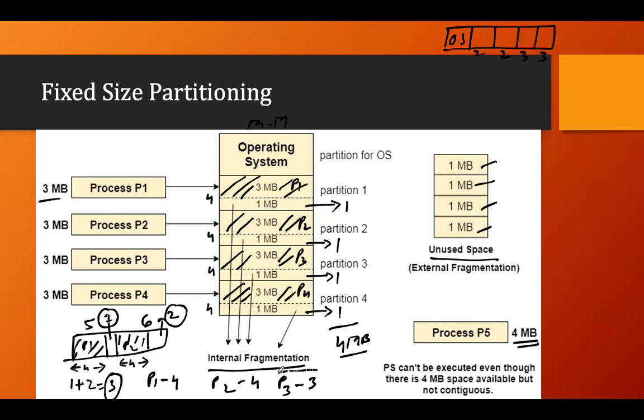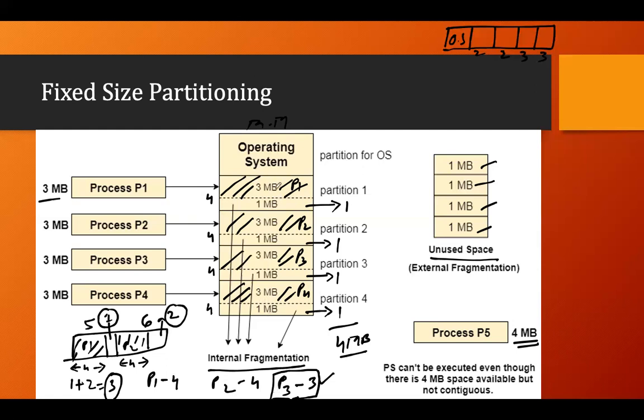This problem is called external fragmentation. It means I have a process whose size is less than or equal to the total size I have available in a fragmented way, then this particular disadvantage of the fixed size partition is called external fragmentation.